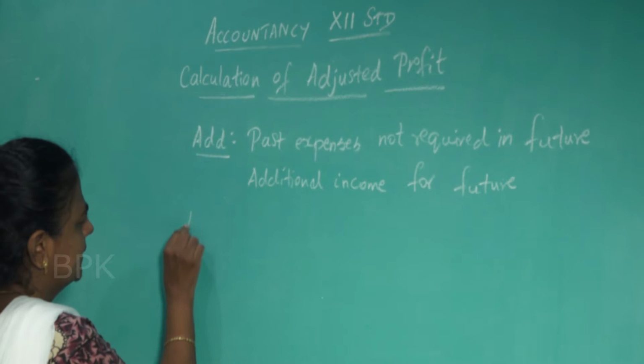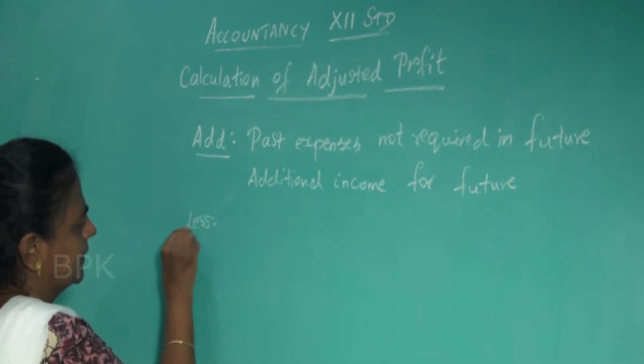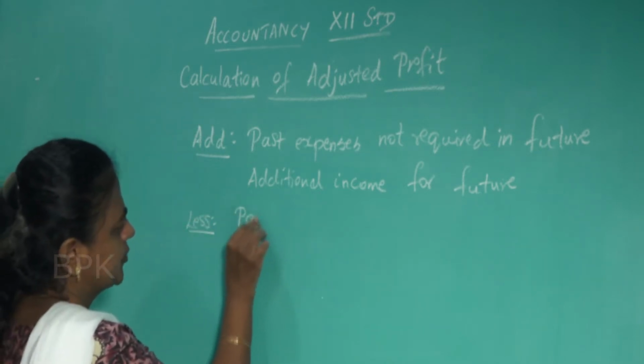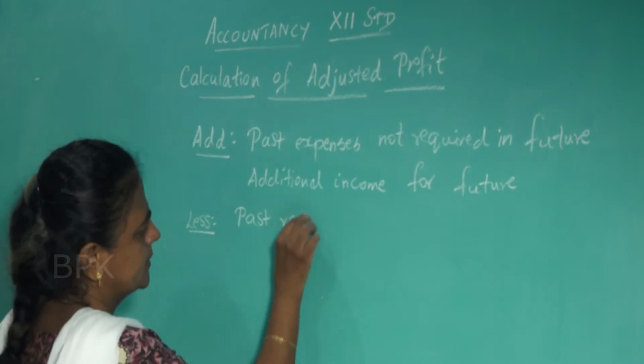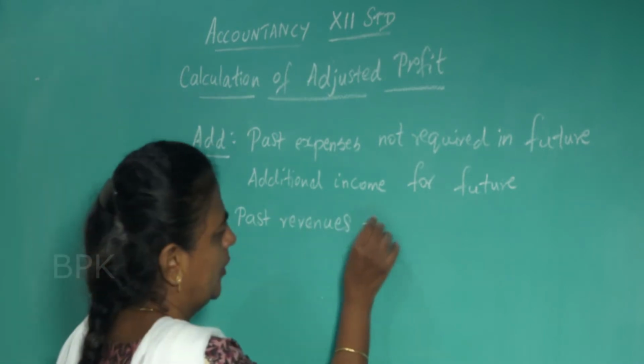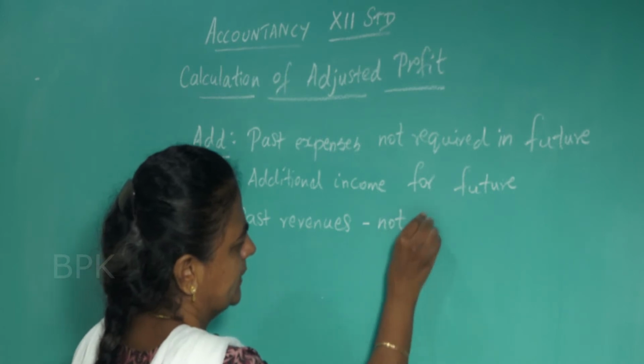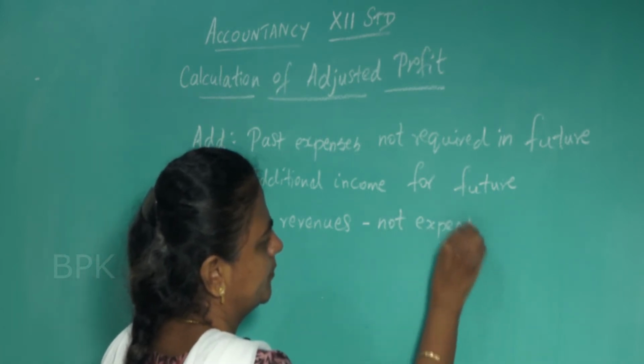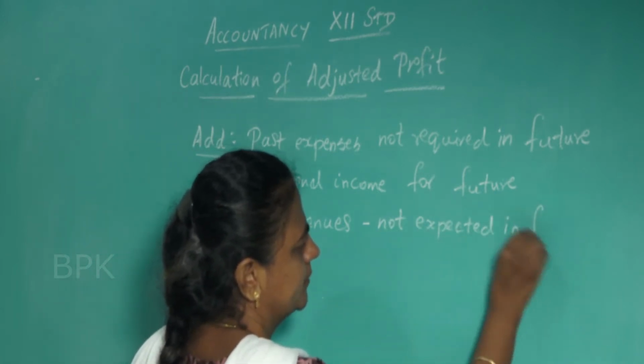Then you have to deduct past revenues not expected in future.